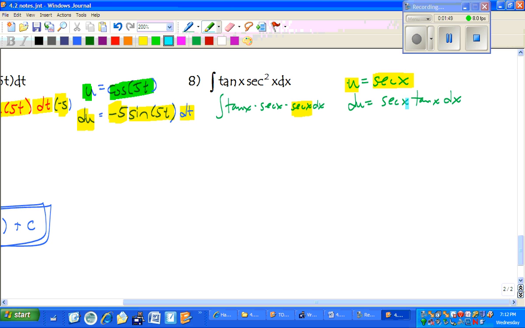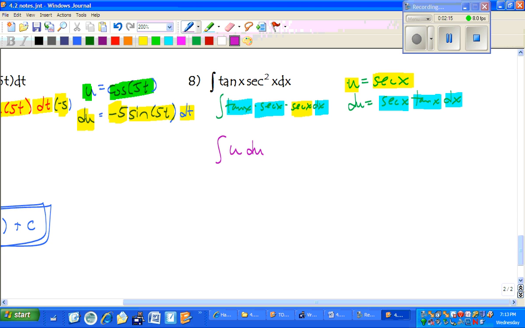But for our du, we need a dx, we need a tangent, and we need a secant. So everything's represented here. There aren't any numbers that we have to multiply inside and outside by. We just need to go ahead and rewrite this. So we have antiderivative of the secant part becomes u, and all of the blue part becomes du.